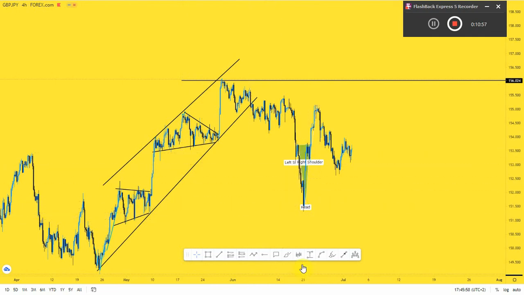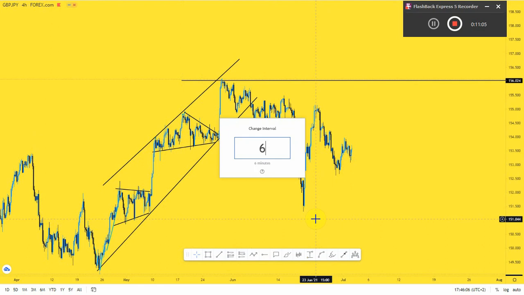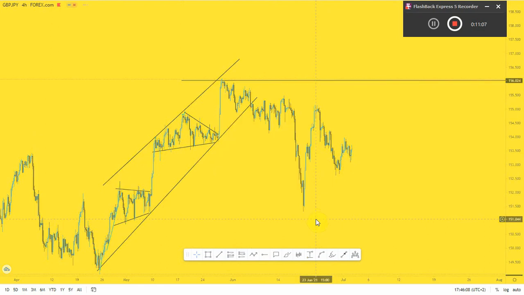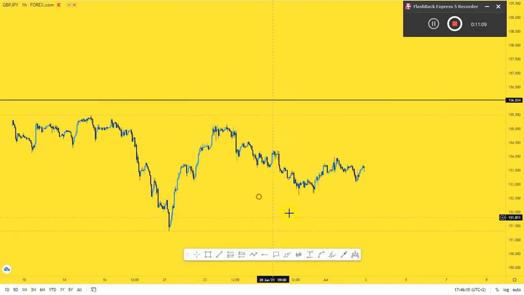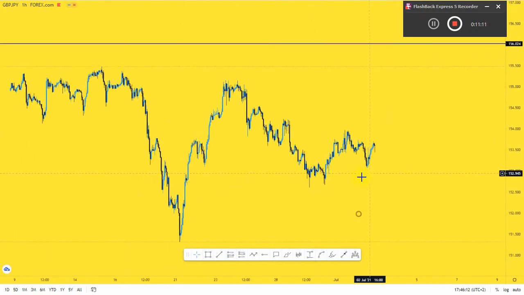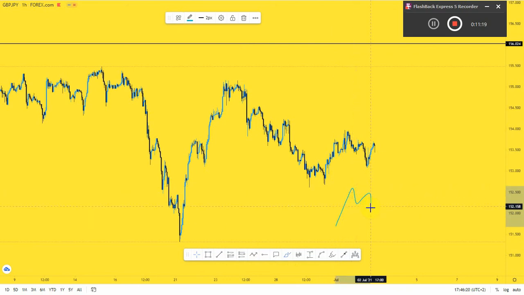Okay. So with that said, let me just delete this for simplicity. Let me go on a 1-hour time frame to see the chart more clearly. Remember what I said? I said the market moves in structure. Impulse move, correction, impulse move.